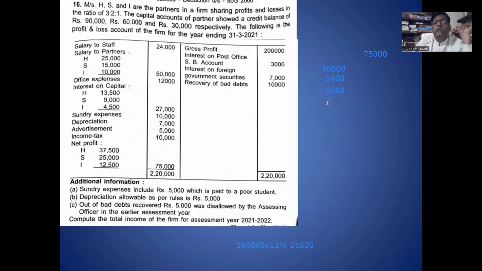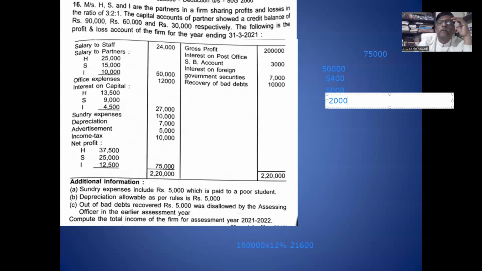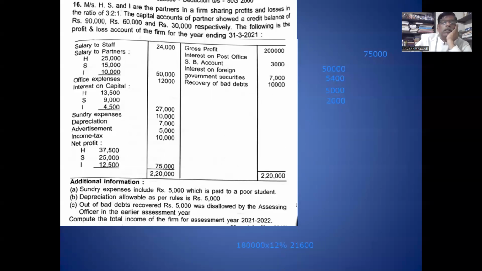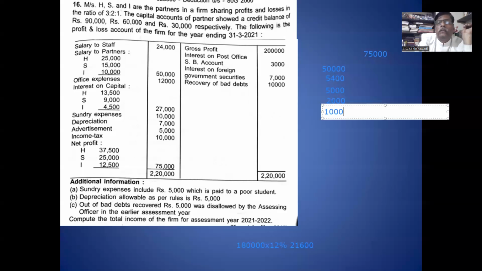So disallowed is 2,000. Okay. 2,000 is disallowed. The next is advertisement. Advertisement is a business expense, allowable. Income tax is not related to business, that is disallowed. That is 10,000 rupees income tax, that is disallowed.